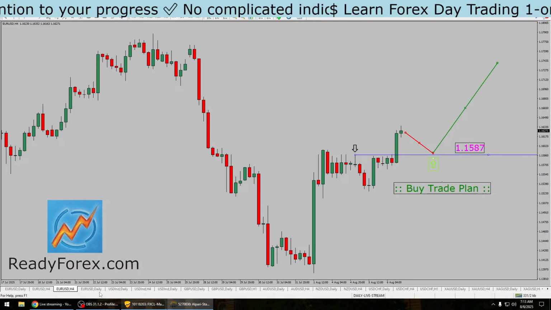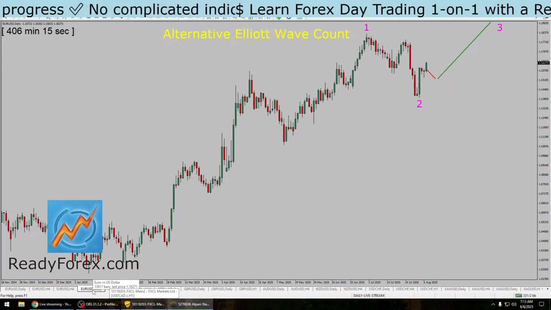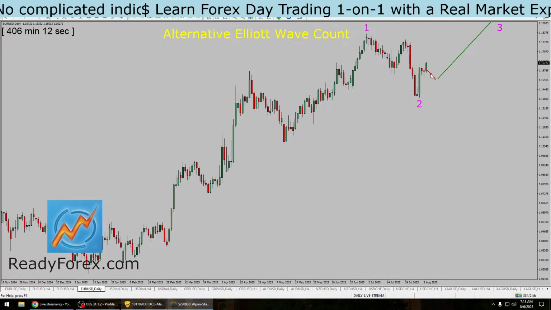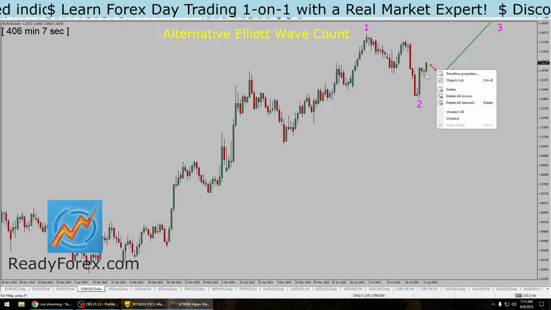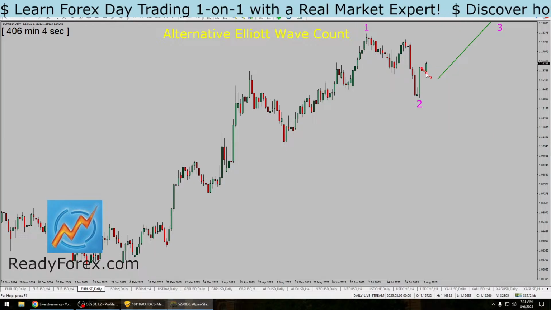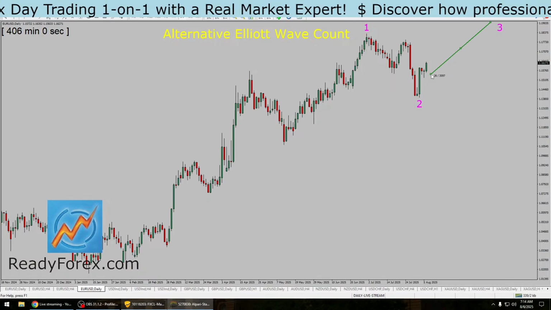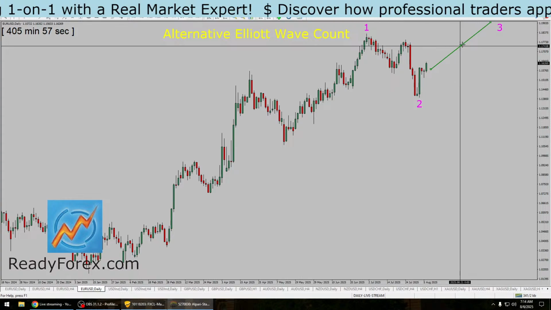Okay, let's continue the analysis. The alternative Elliott wave count, or plan B, is that euro dollar is going to provide us a kind of short-term pullback over here, and I think that pullback is already over in the daily chart. So it's quite possible that the market is now going to continue the rise from the current price level and expect more upside.